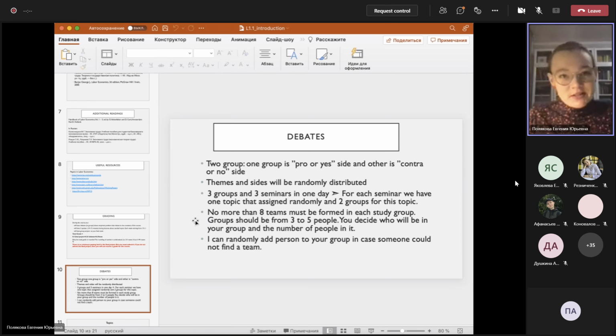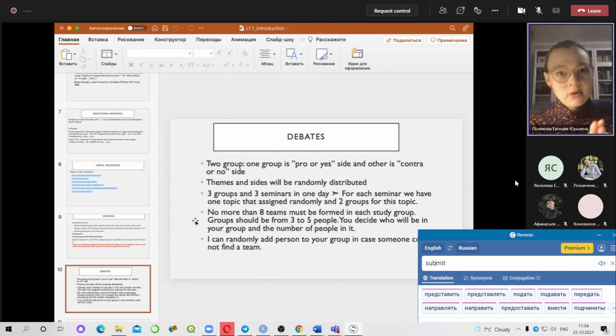The program office assured me that you cannot, for instance, participate in seminars of other groups based on the schedule. Because of this, groups should be formed inside your study group so that we stick with the schedule. But if you feel you have time to be with people from another group, that is okay.